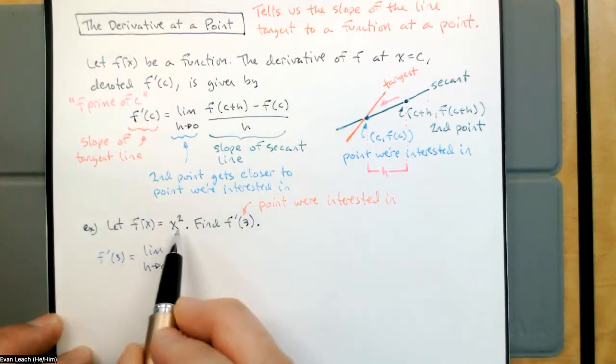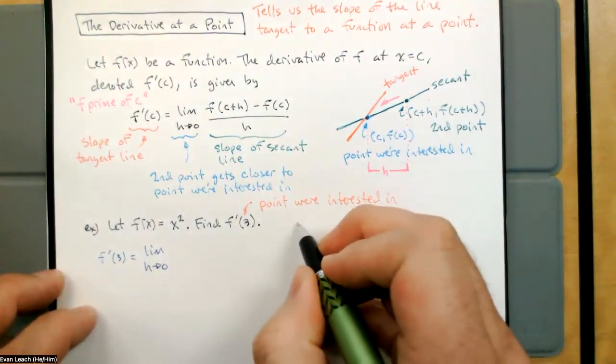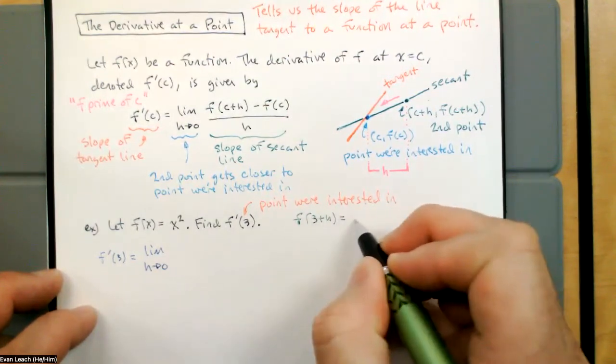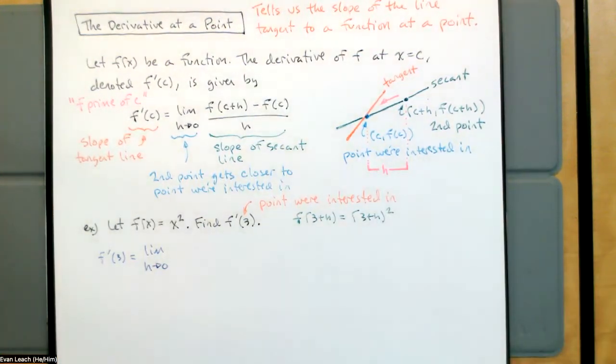Now remember, f of x is x squared. So f of 3 plus h is just 3 plus h squared.